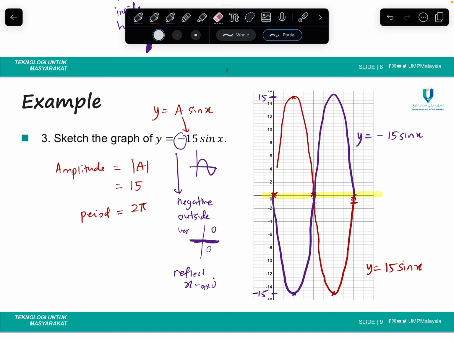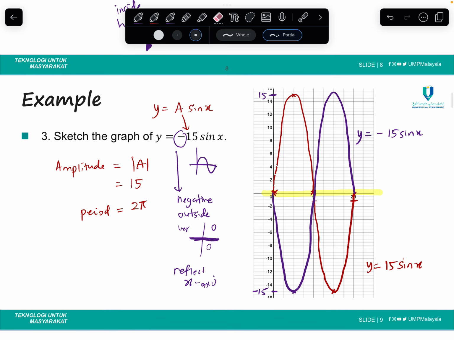Okay, the previous curve indicated by red lines is just temporary. This stage is just temporary before we get the final curve. So you have to reflect about the x-axis. So that is how we deal with a negative in front of the function.